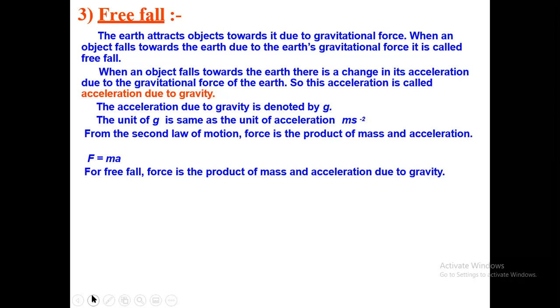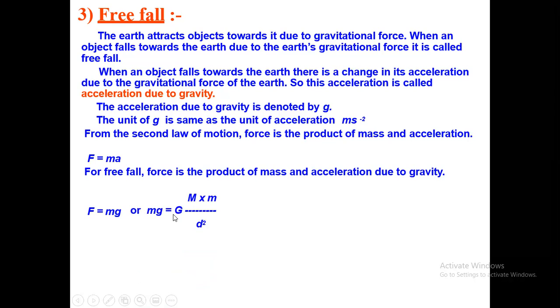From the second law of motion, force is the product of the mass and the acceleration. So F is equal to ma. But for free fall, force is the product of the mass and acceleration due to gravity. So F is equal to mg. Here we will use g as the acceleration because this is the acceleration due to gravity.